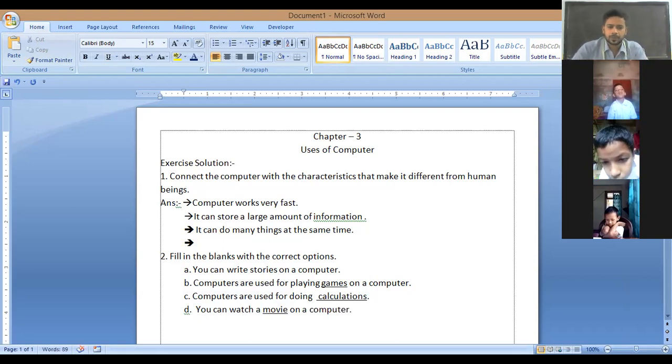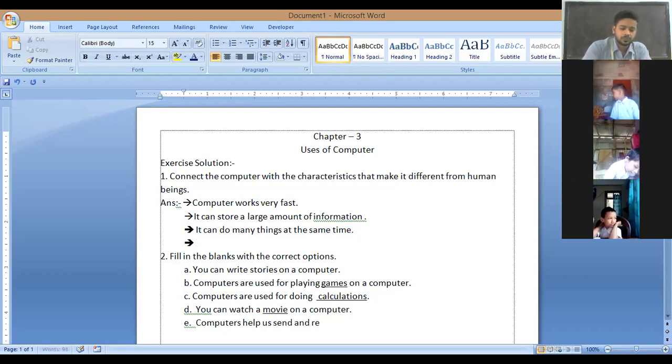Now number E: computer helps us send and receive messages.